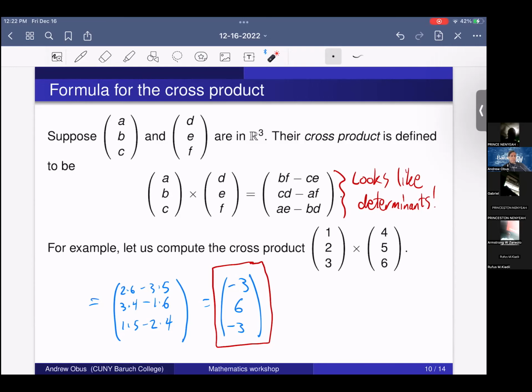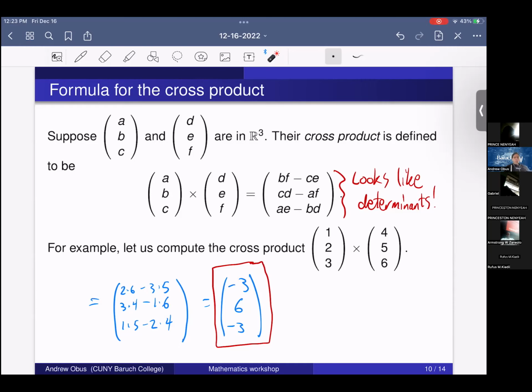Yes, Rufus. The process of selecting the pattern: would it be the same if you start from the middle with BF minus CE? Instead, I could start with this pattern, saying A times F is AF and C times D is CD, arranging it coming down, and then the next one is BD, and then AE.